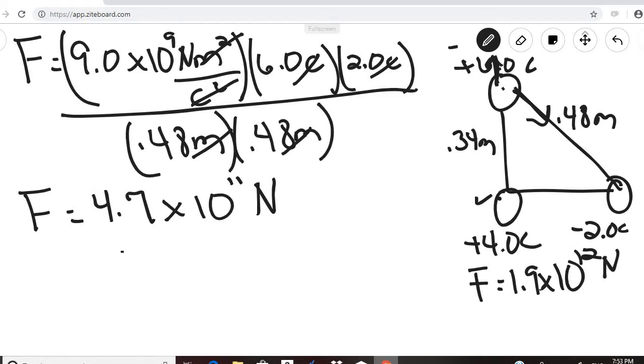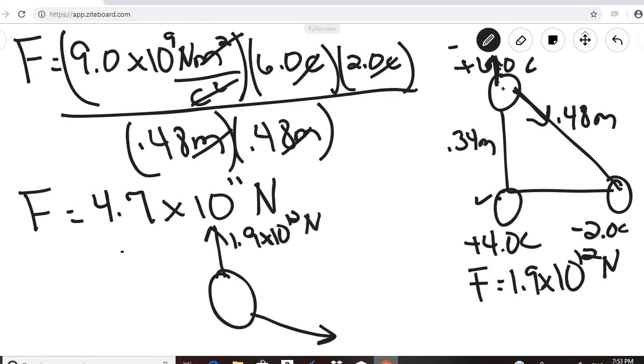So if we look at this particle here, it's going to be moved that way, and it's going to be moved that way. This would be the 1.9 times 10 to the 12 newtons, and this one would be the 4.7 times 10 to the 11 newtons.